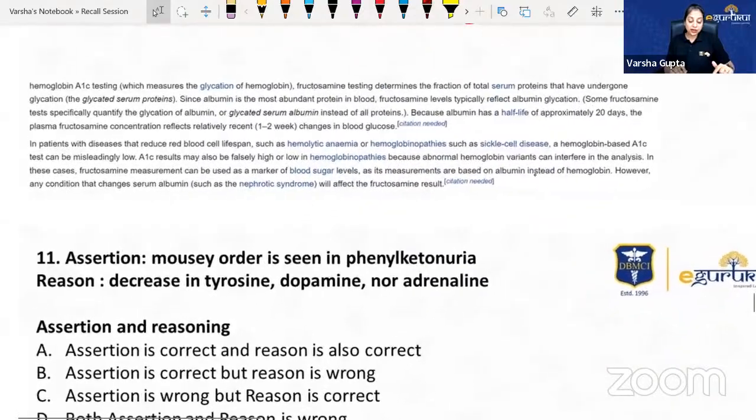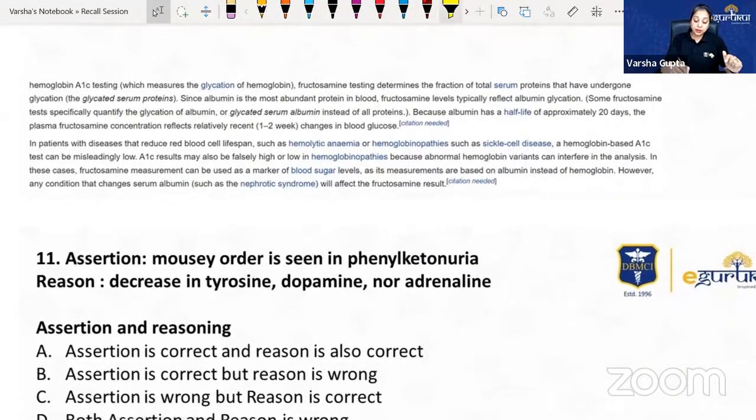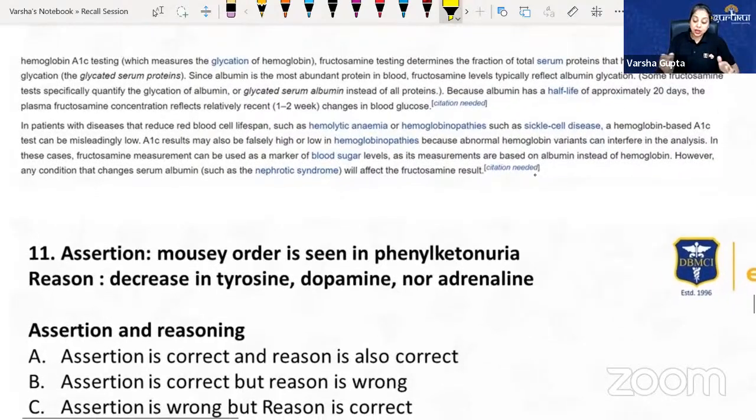And if you can read, this is very, very important, right? Because we don't do this much in the biochemistry portion, but this will help you in the diagnosis. Fructosamine testing determines the total serum proteins, though albumin is at a very high level, and albumin half-life is approximately 20 days, right?